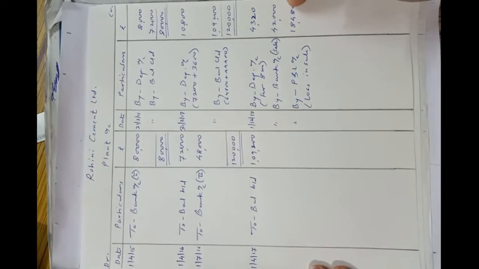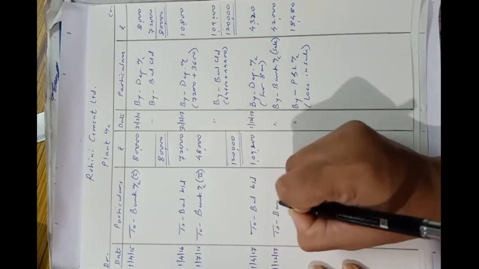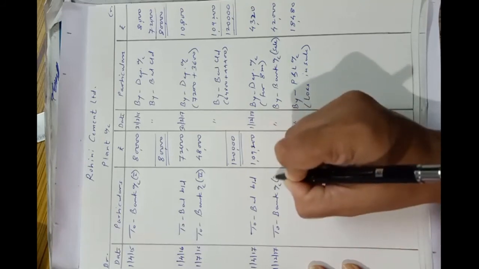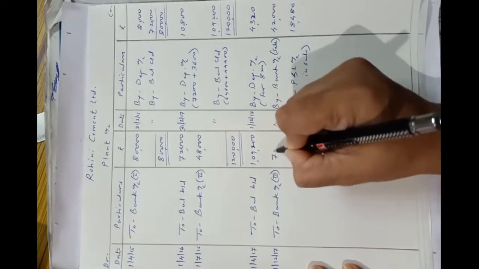And on the same date they have purchased a new plant. So on the same date, that is on 1st December 2017, to bank account, third machinery purchase. It was purchased for rupees 75,000.